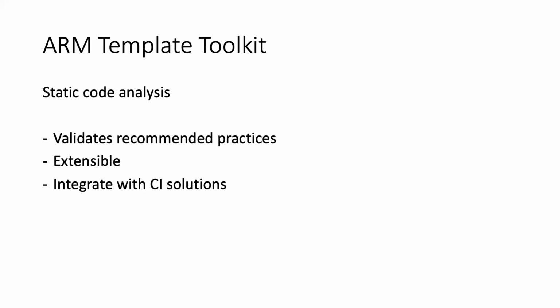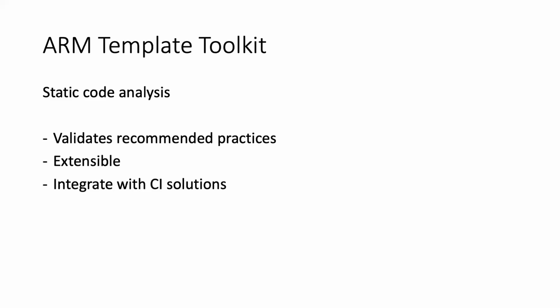So ARM Template Toolkit is a set of best practices that we can run our templates through prior to deploying them. It is extensible, so it comes with a set of checks, and you can write your own checks. Right now, ARM Template Toolkit is all PowerShell based. I don't know if there's any intention of changing that in the future, but it is PowerShell based. So if you want to write your own checks, they need to be written in PowerShell. And then there is some integration with Azure DevOps.